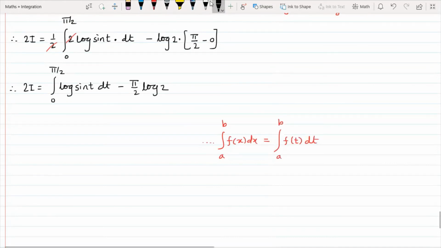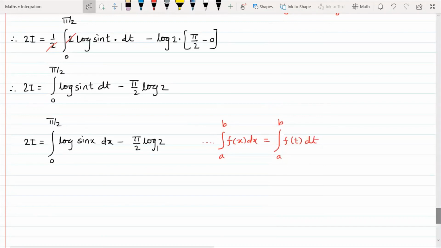That means if the functions are same, limits are same, only variable is different, then the integral value is same. So I can write this as integral from 0 to pi by 2 log of sin x dx minus this pi by 2 log 2 remains same.